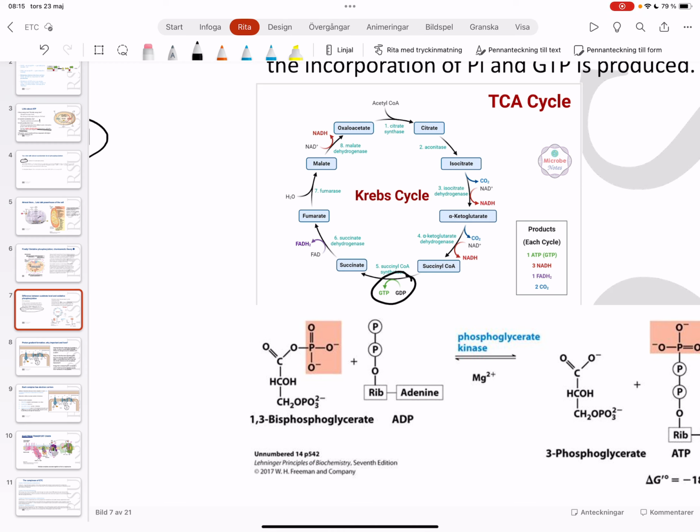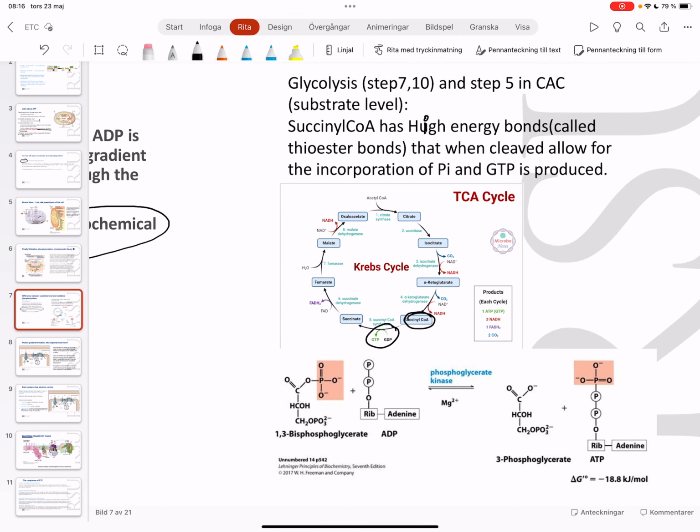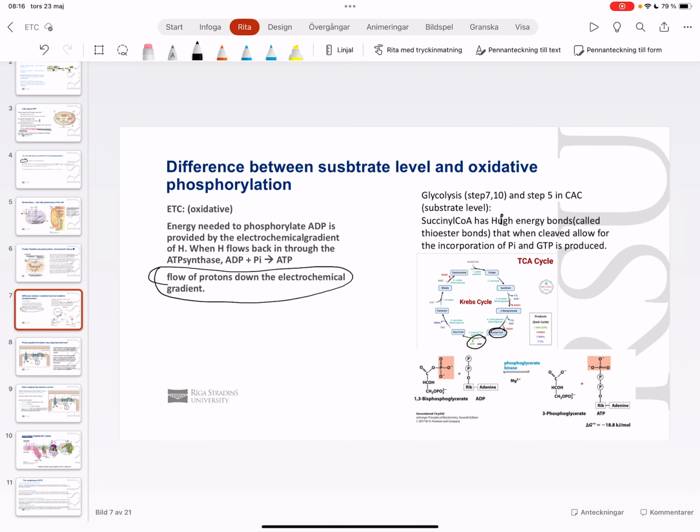The breaking of the succinyl-CoA bond will provide a lot of energy, and we have a GDP, and that will cause enough energy for us to bind an inorganic phosphate to GDP, and we will form GTP. And so that will be called substrate level. There's no electrons flowing in and out, left and right, so it's basically just 1 plus 1. And that will be an example of substrate level.